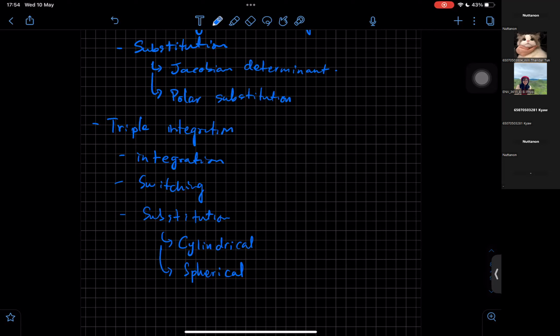I think these are the two that you're going to see. The abstract one, I think you're not going to see it. Just these two.